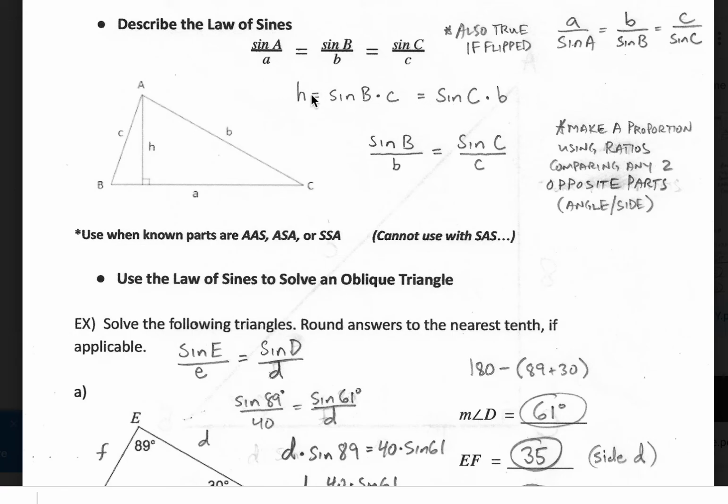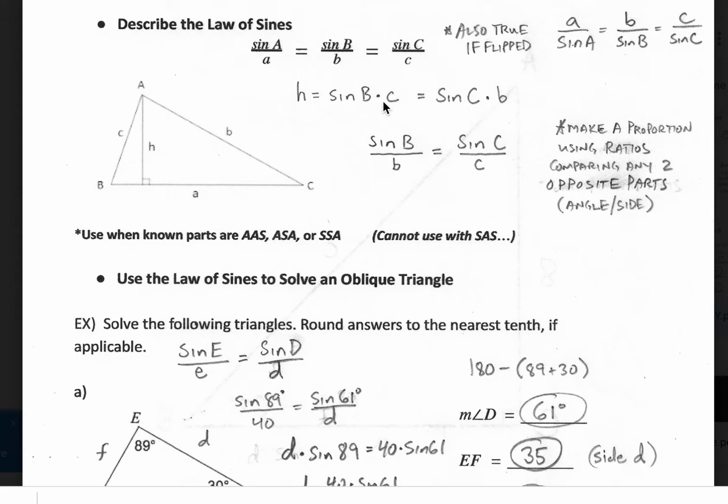So ignore that h equals here and just focus on the sine of B times c equals the sine of C times b. I could then create ratios or a proportion here by dividing or undoing these terms that are being multiplied here. So if I divide both sides by c, then c is on the bottom over here.